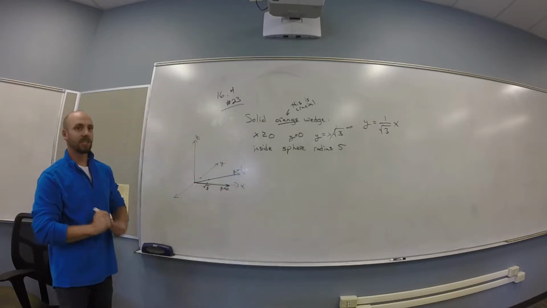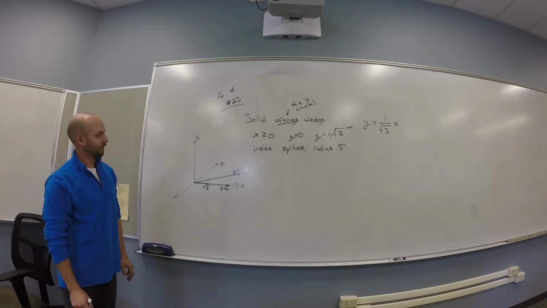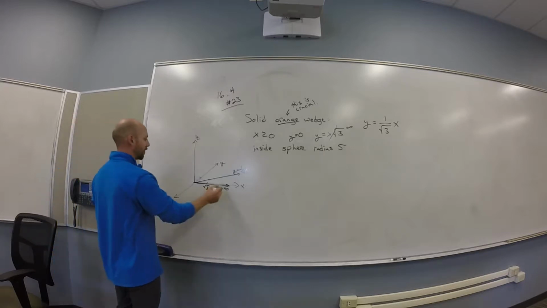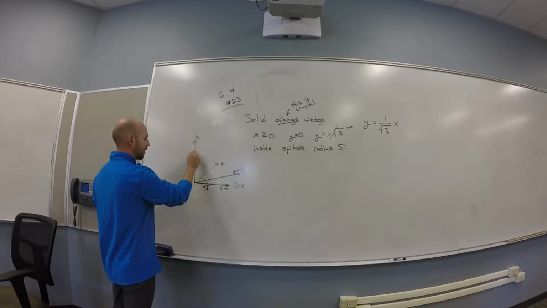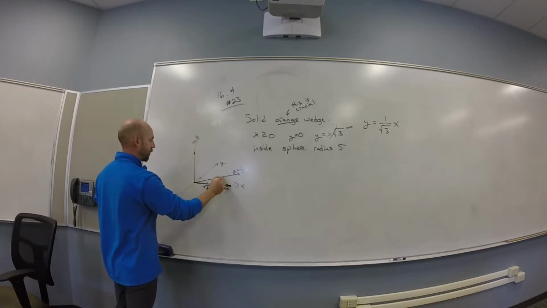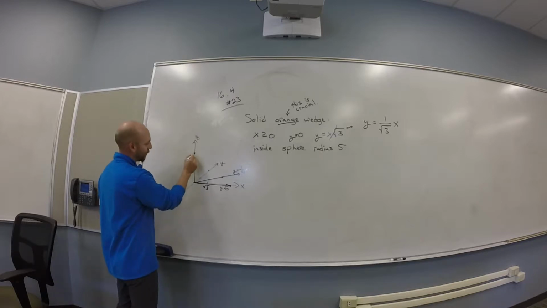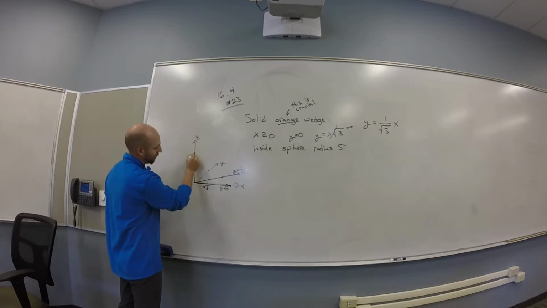Okay, and then there's a sphere of radius 5. Oh, geez. Okay, cool. So a sphere of radius 5 looks like you go up 5, you go out 5, you go out 5, you go out 5. I'm going to play a little connect the dots game here, and it's probably not going to go super well.